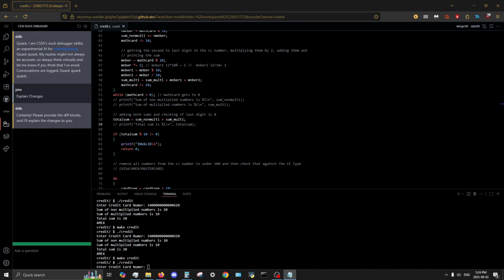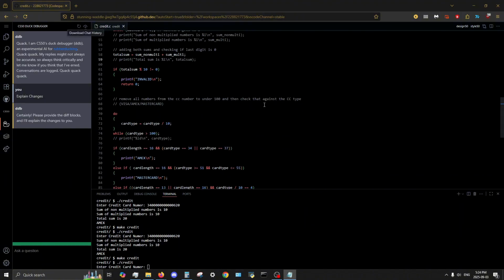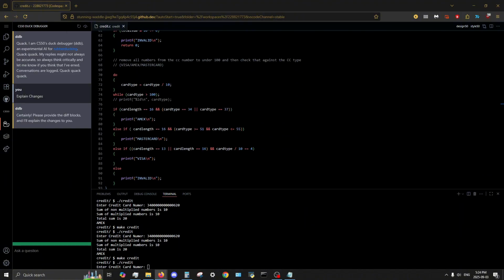So this is the length. So length is equal to 16 and... Amex is 16, right?